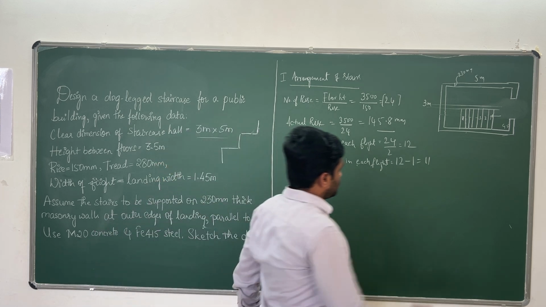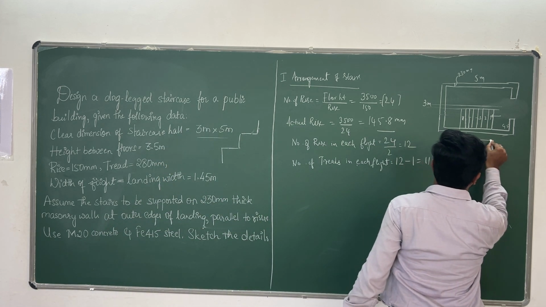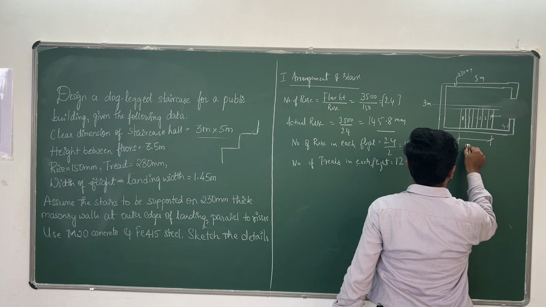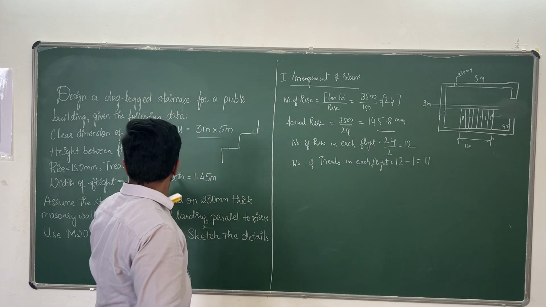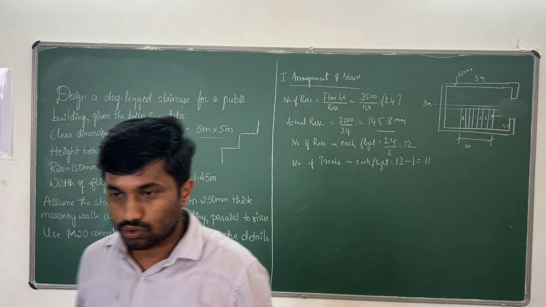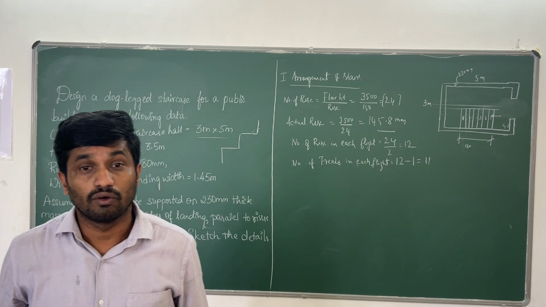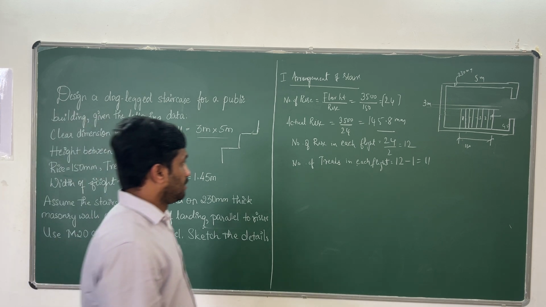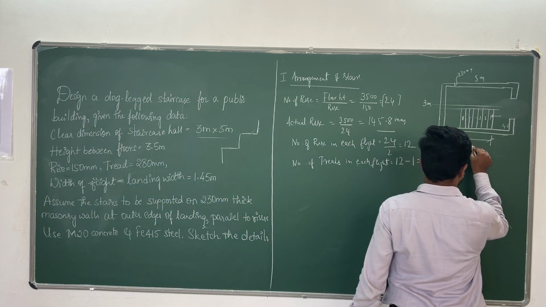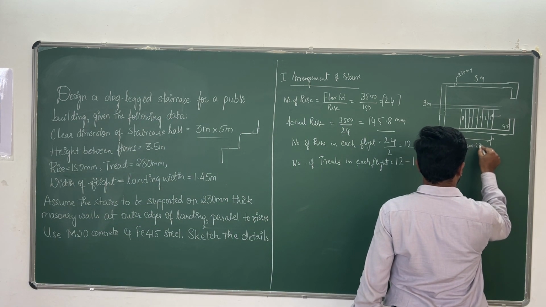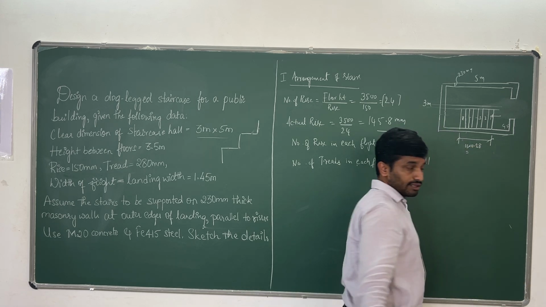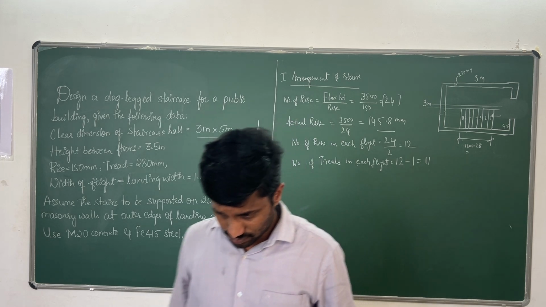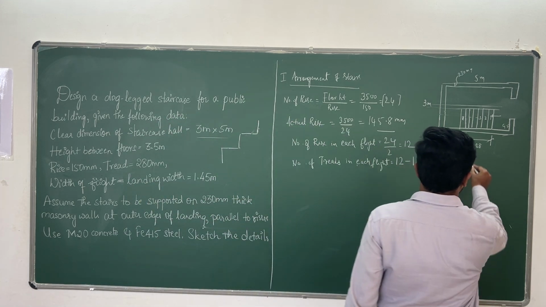Next, the calculation is very simple. 11 into the thread width, which is 280 mm. I have written it in meters, 0.28. 11 into 0.28 is 3.08. 3.08 meters.